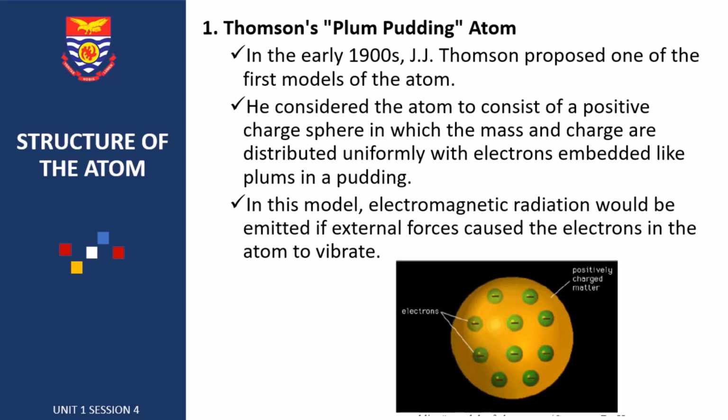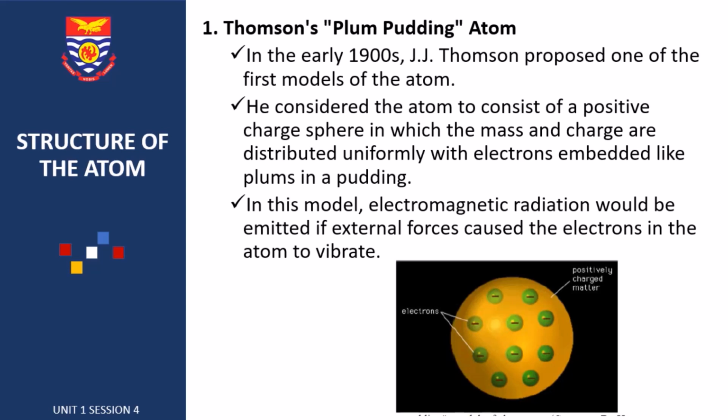Now, plum pudding is a traditional English dessert, a food made up of a sponge, something that looks like a modern-day cake, and there are raisins spread out in the cake.